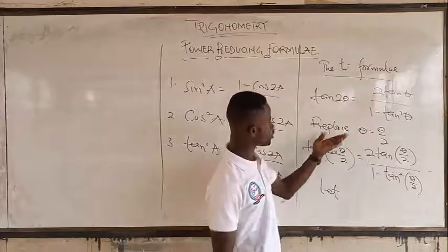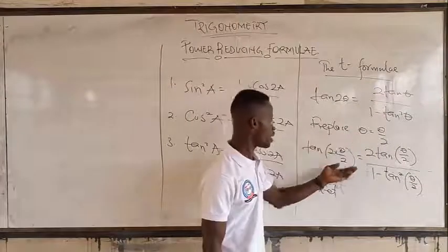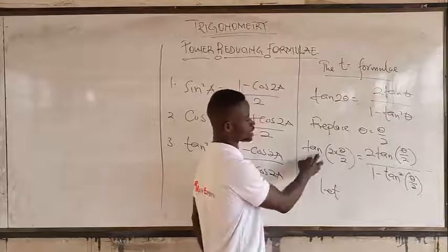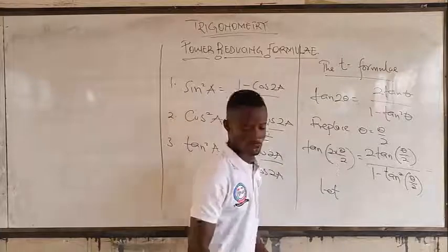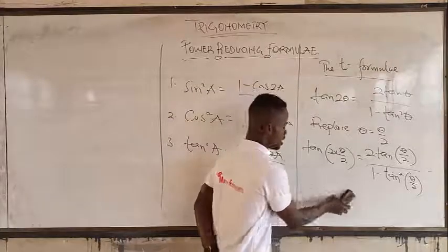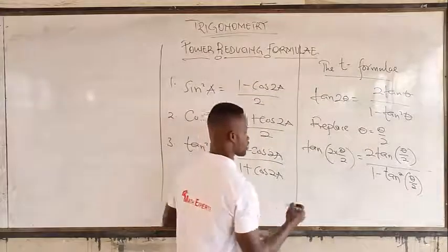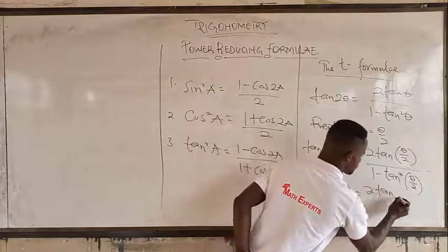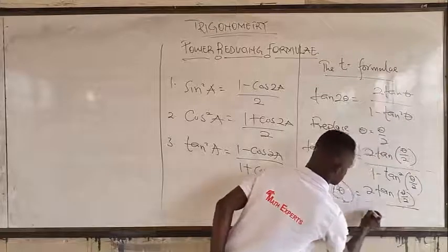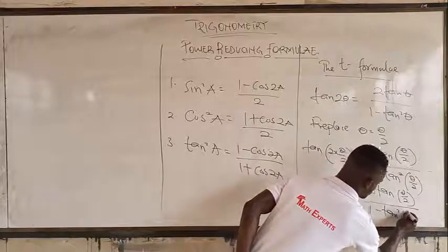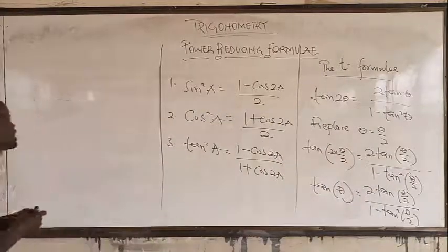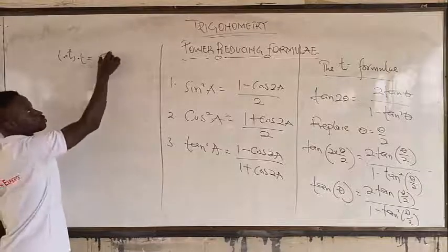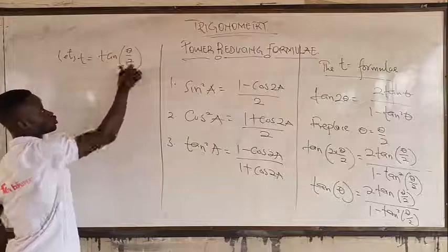Let's continue. After the substitution, let's move on one step again. I don't want to skip any step. Here we are going to get tan theta equal to 2 tan theta over 2 over 1 minus tan squared theta over 2. From here again, let t be equal to tan theta over 2.